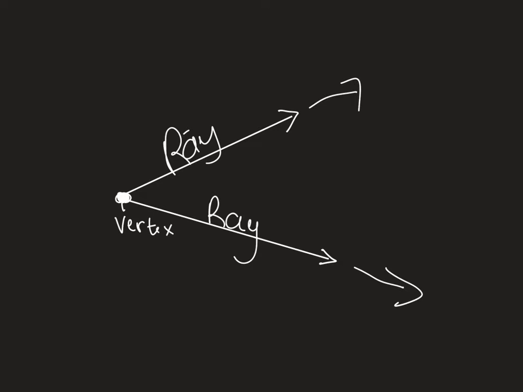They meet at a common endpoint right here, which is also called the vertex. Okay, so this is a ray, and this is a ray. And they go endlessly in this direction, but they end right here at the vertex. All right, so this is an angle essentially.